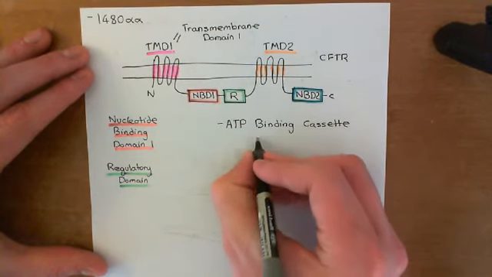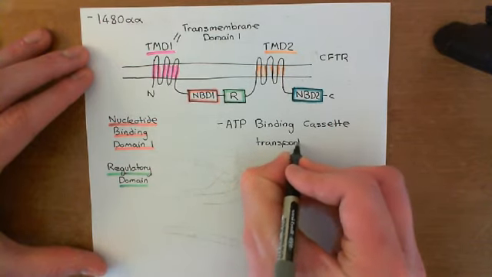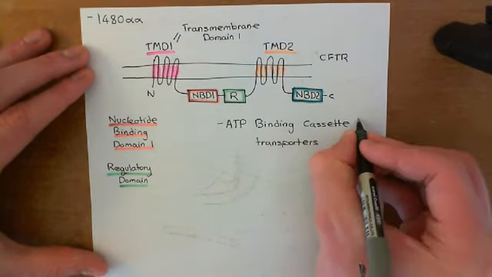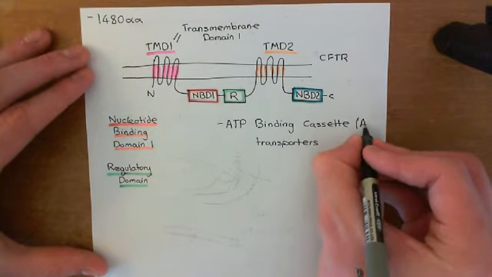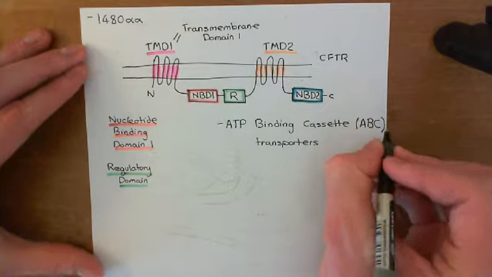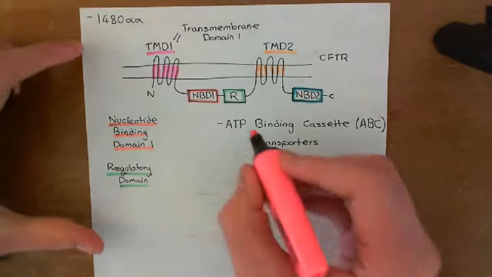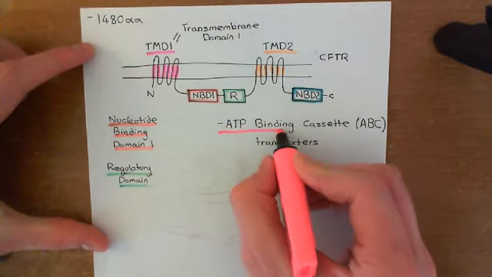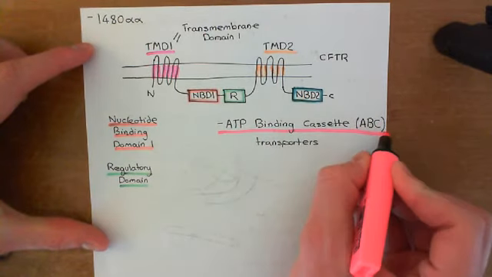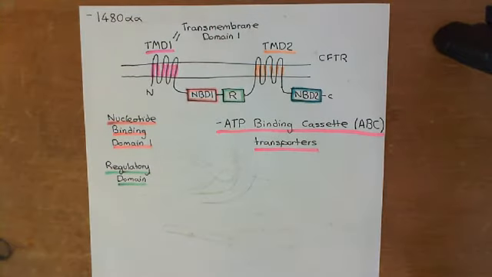For short, ATP binding cassette transporters are often abbreviated down to ABC transporters. So A for ATP, B for binding, and then C for cassette transporters. So CFTR, even though it doesn't actually function as a transporter, is in this family simply because its structure is almost identical to all the other members of this family.